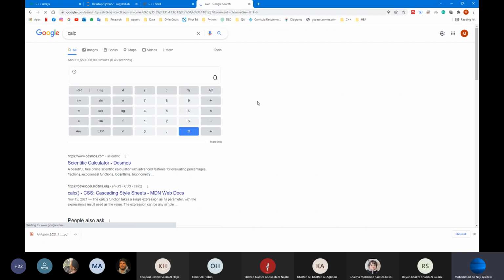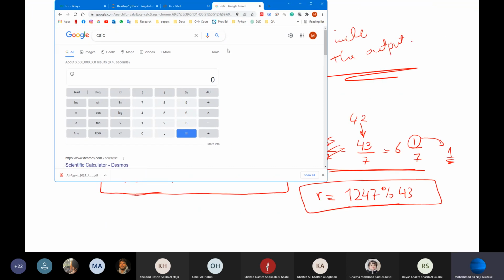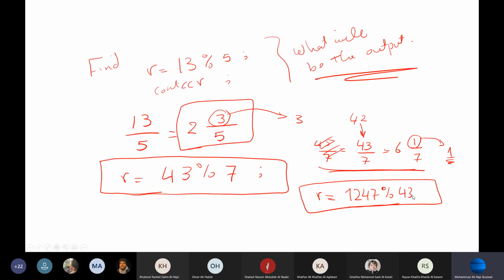Okay, divide the number by... now 1247 divided by 43 equals. It happens that it's divisible. Let's change it to 45.